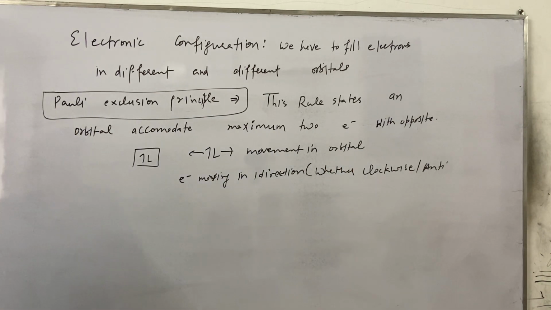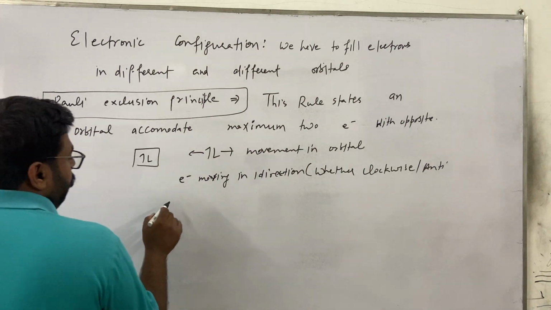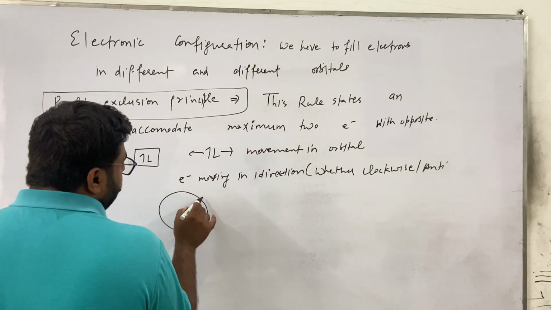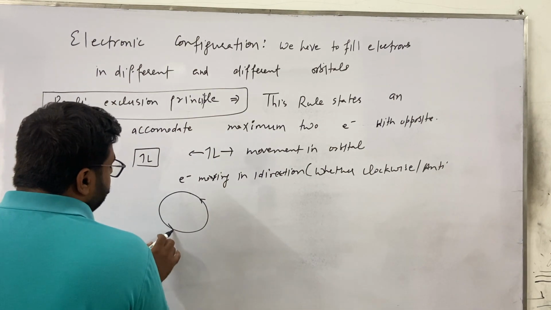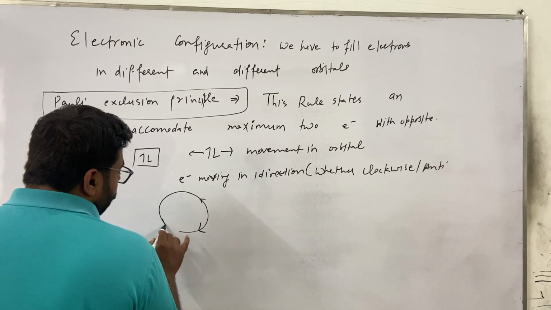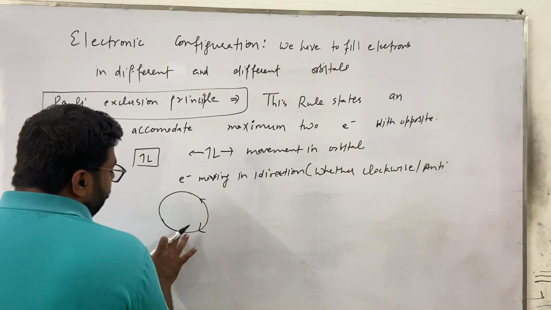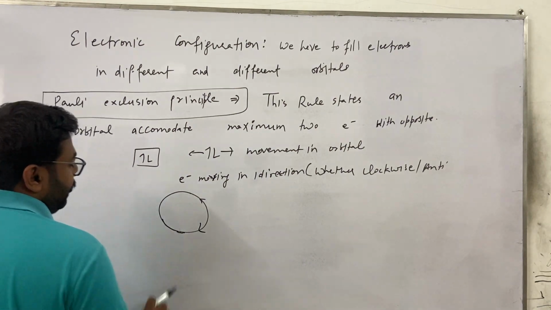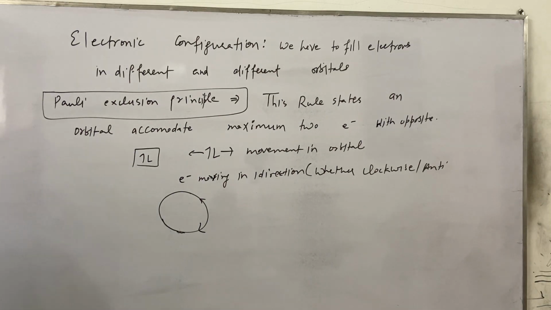So if I say an orbital can accommodate two electrons, it means one of the electrons moving in the orbital will be in the clockwise direction and the other will be in the anti-clockwise direction. That is the most important thing.